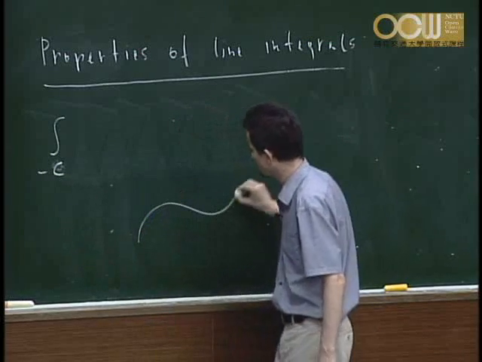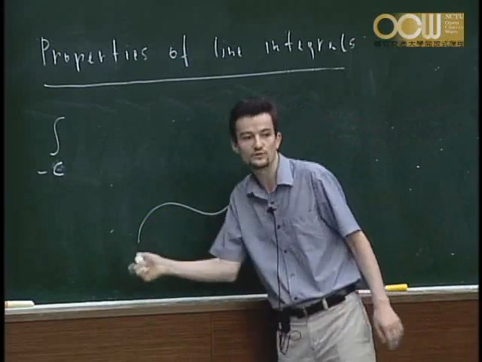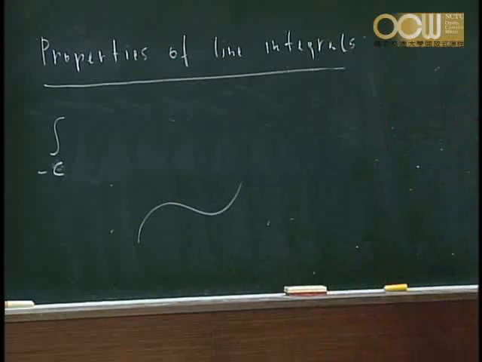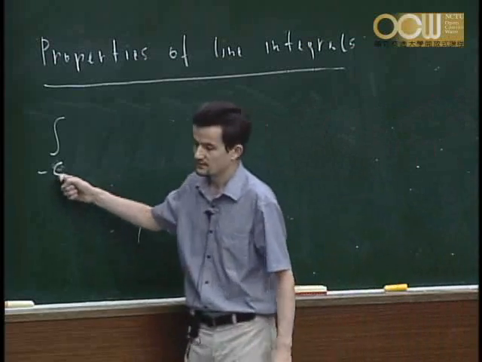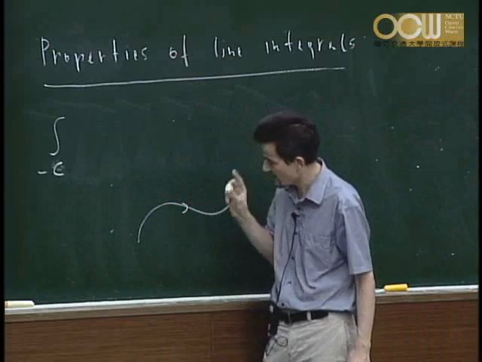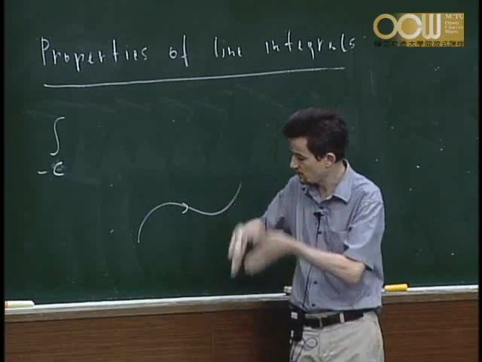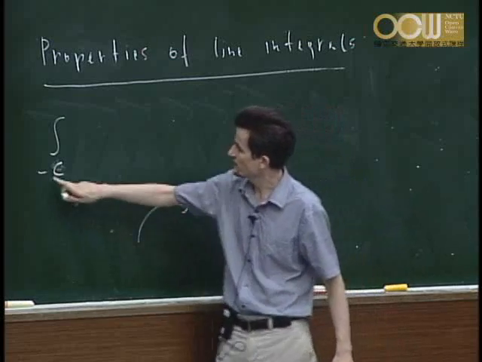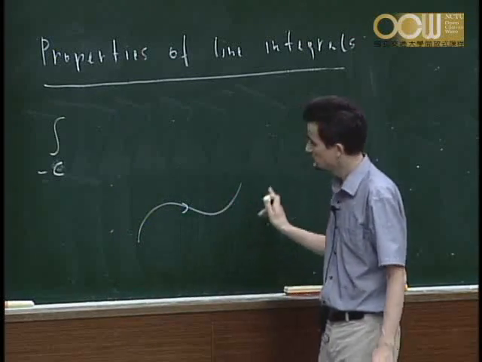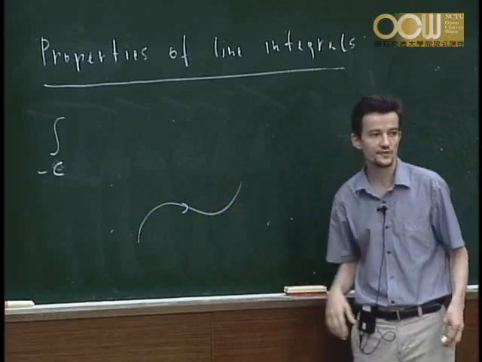If you have a plane curve like this, whether you go from here to here or from here to here is important. So normally C is something like this, together with its orientation. But the parametrization doesn't matter. Now, if I write minus C, I mean the same plane curve, but with the orientation reversed.